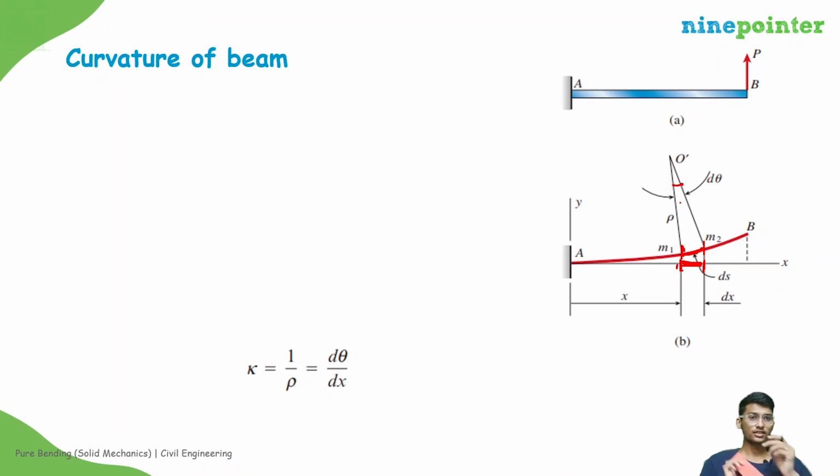From that center, subtending angle d theta, we get rho d theta, where rho is the radius of that arc. Rho d theta is equal to ds. So we get 1 by rho is equal to d theta by ds. We already know rho is the radius of curvature.